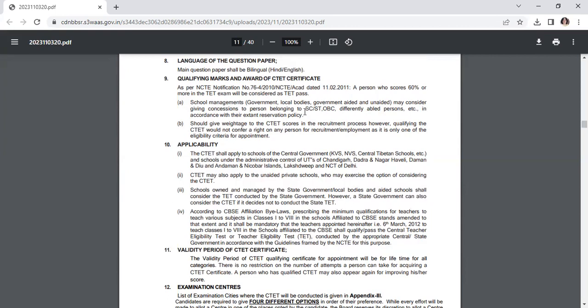School managements, government, and local bodies may consider giving concession to persons belonging to SC, ST, OBC, differently abled persons, etc., in accordance with their extant reservation policy. They should give weightage to the CTET scores in the recruitment process.